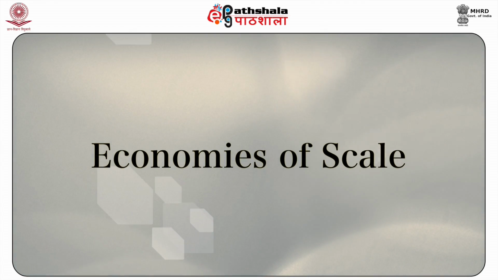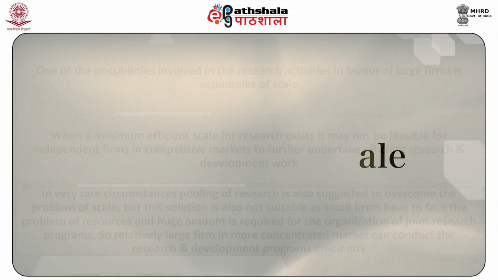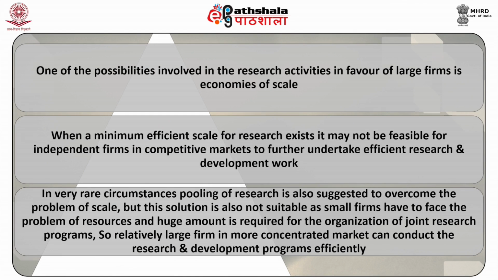The second one is economies of scale. One of the possibilities involved in research activities in favor of large firms is economies of scale. When a minimum efficient scale for research exists, it may not be feasible for independent firms in competitive markets to undertake efficient research and development work.